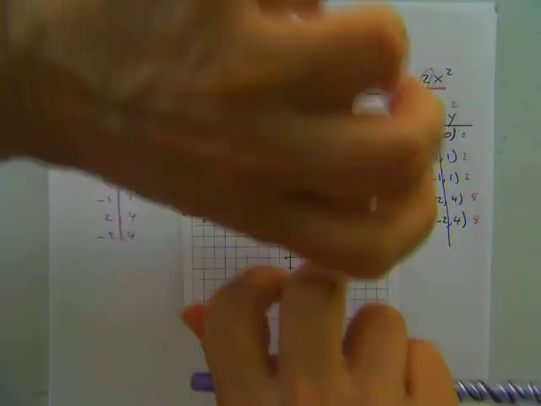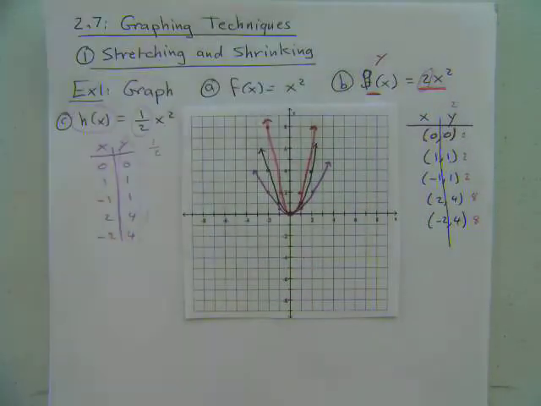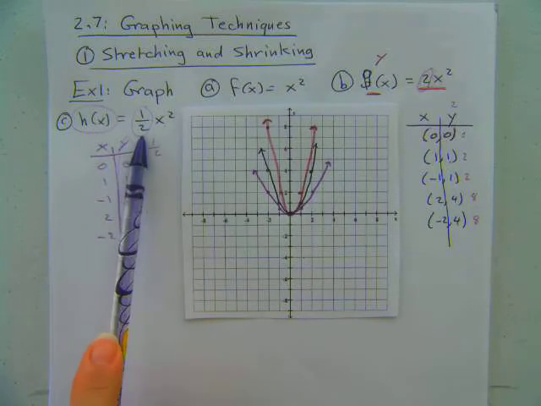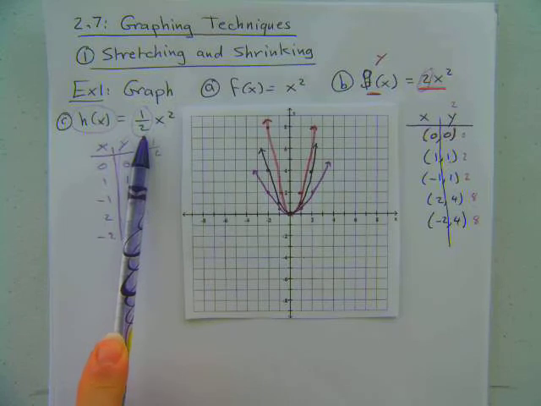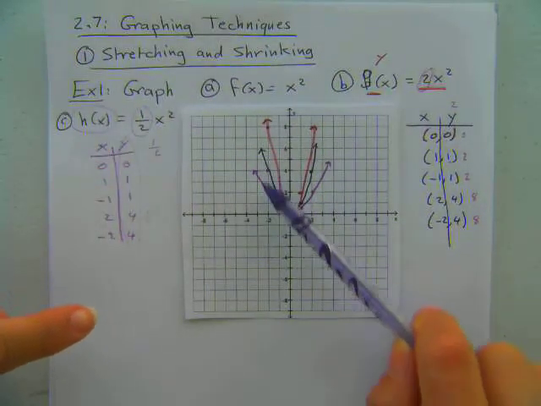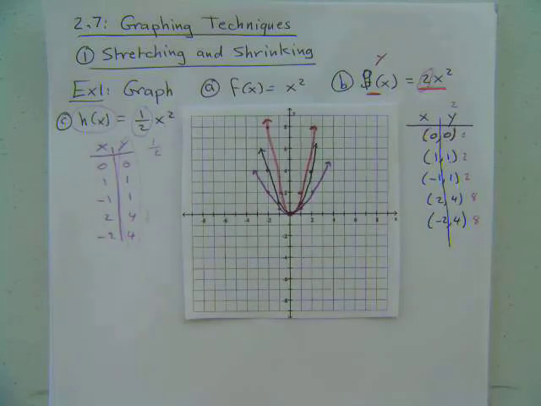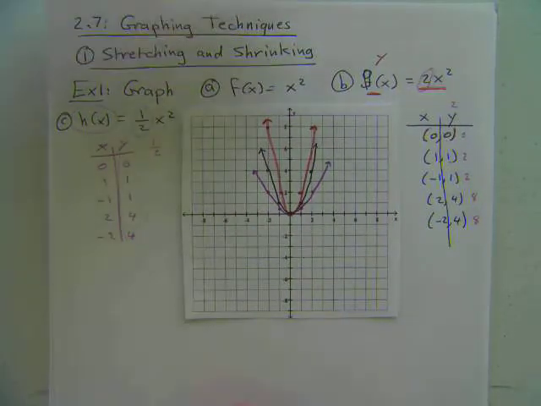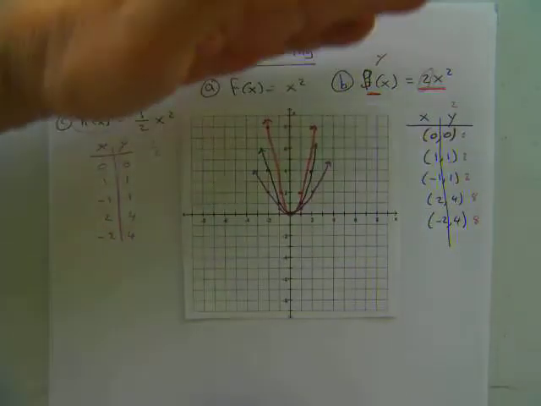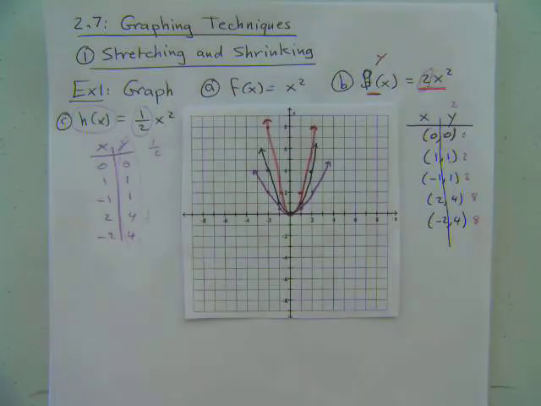See, I'm pulling it, vertical stretch. When I multiply it by a number that is between 0 and 1, meaning a fraction, then I'm going to shrink it. And again, remember, as if this original parabola is made out of elastic material, then I'm going to shrink it vertically, push it, so it's going to get wider like that.